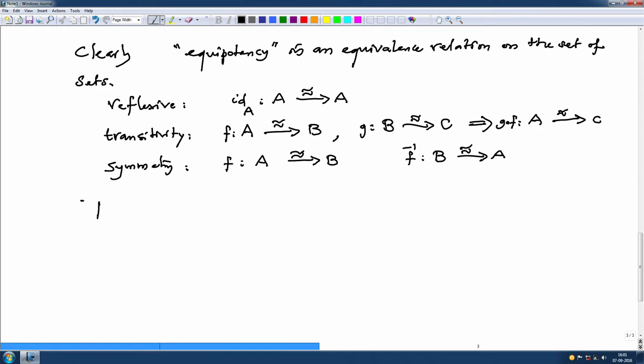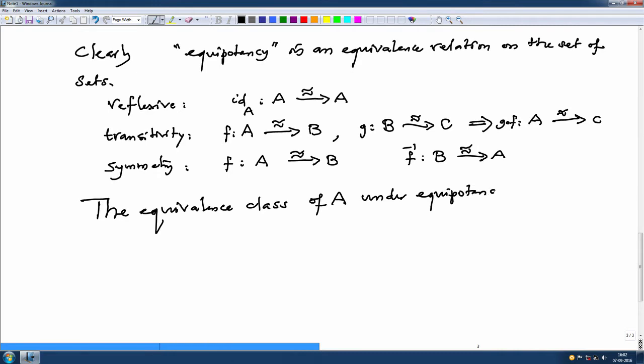So, the equivalence class of A under equipotency is denoted by either this symbol, or also by this, or it is denoted by simply card. So, that is the equivalence class.